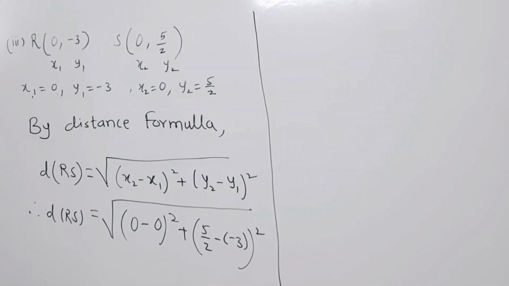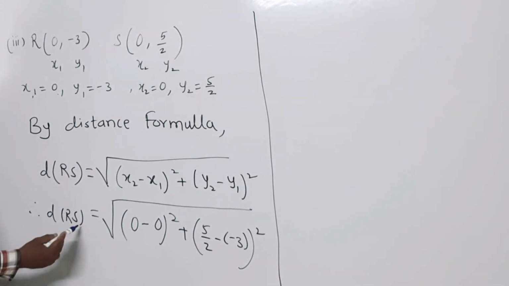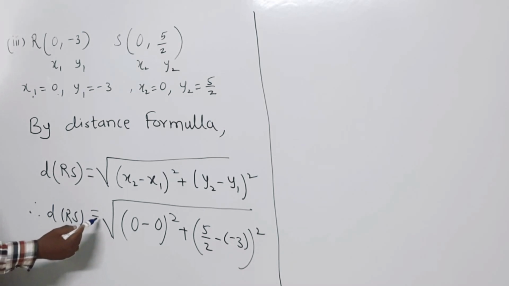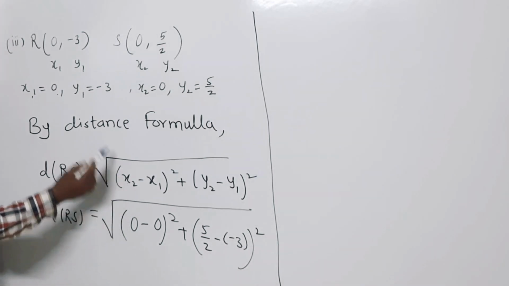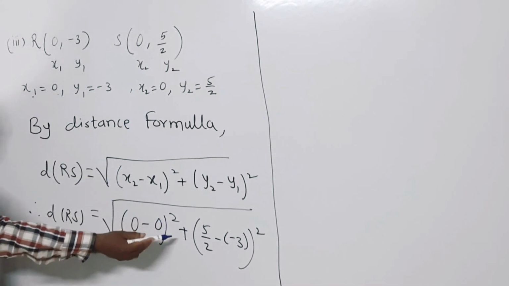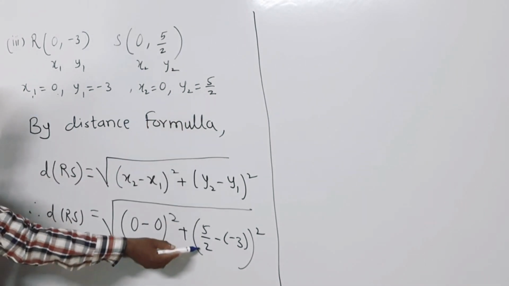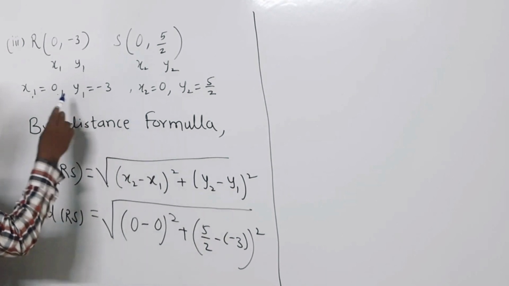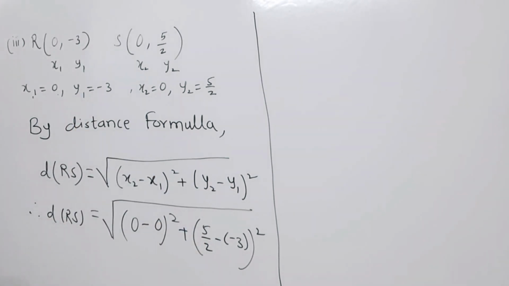Substituting the values, square root of (0 minus 0) square plus (5.4 minus minus 3) square.